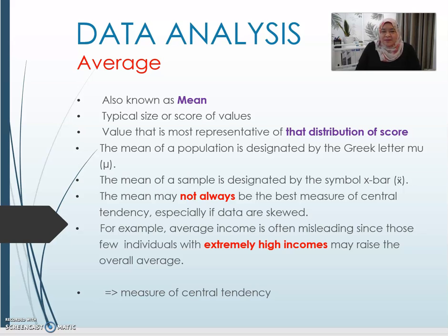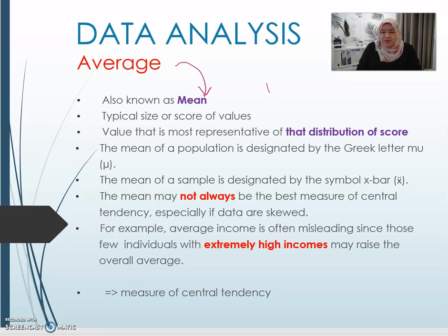Average, also known as mean analysis. Average means mean analysis. It's a typical size of a score value that represents that distribution of scores. However, you have to remember in statistics we have two, right?